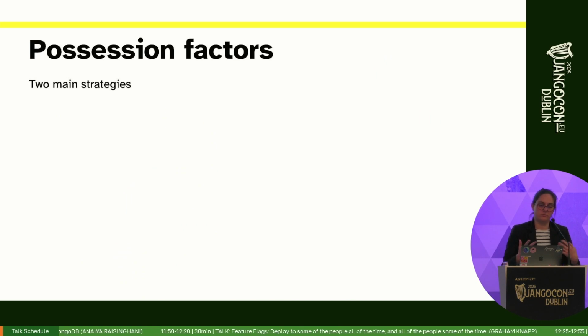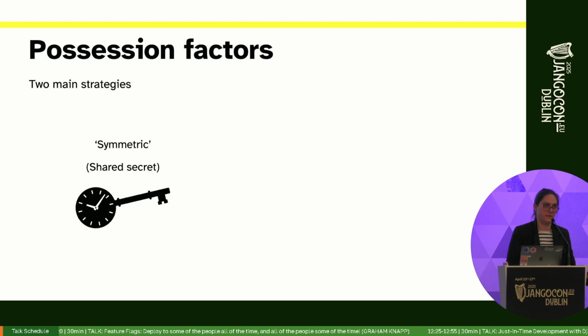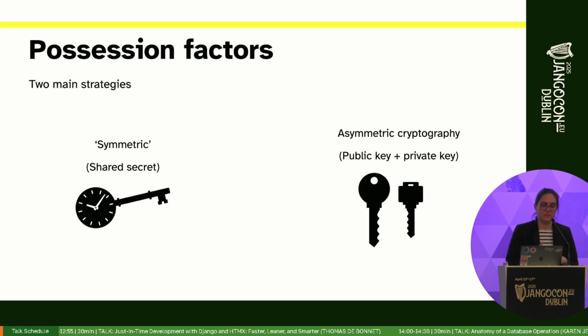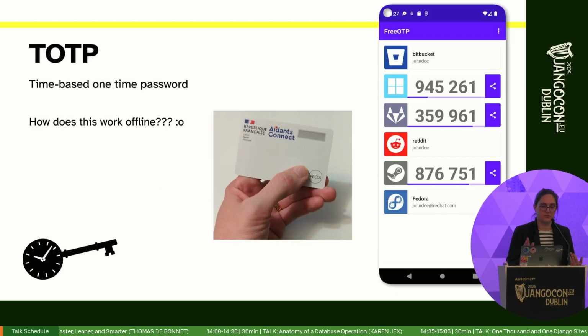So there are two main strategies: either a shared secret between the device and the server, and this is called symmetrical cryptography, or we use a private public key pair, and we call this asymmetrical cryptography, because each of these two keys will have a different role in the process. First, about symmetrical authentication, I'm only going to talk about the TOTP algorithm, which is the most common nowadays.